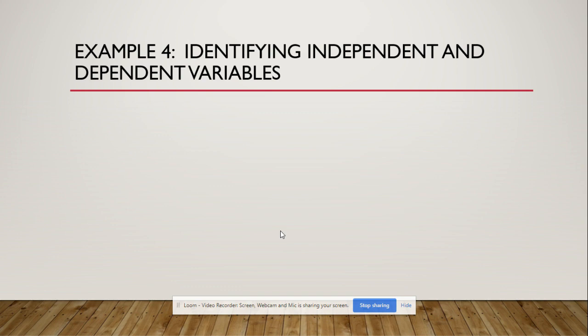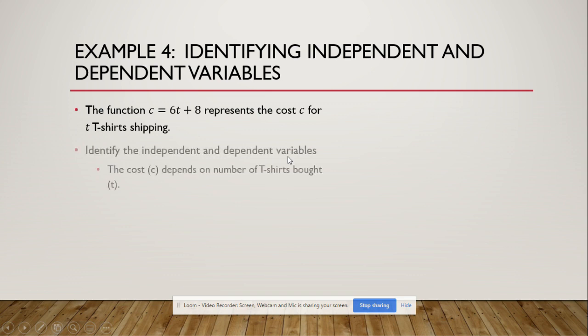So, identifying independent and dependent variables. Here we've got this function, c equals 6t plus 8. It represents the cost c for t-shirt shipping. All right, so t is how many t-shirts, c is the cost for shipping those t-shirts. Now, we want to identify the independent and dependent variables.